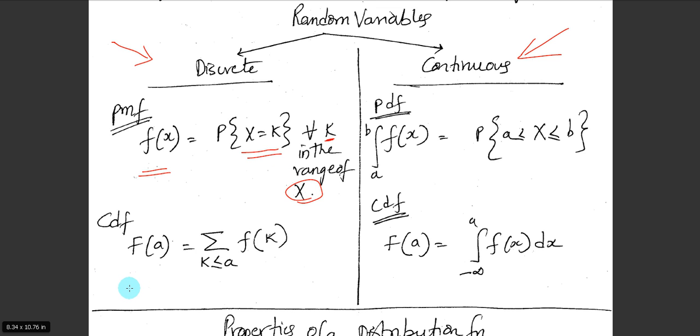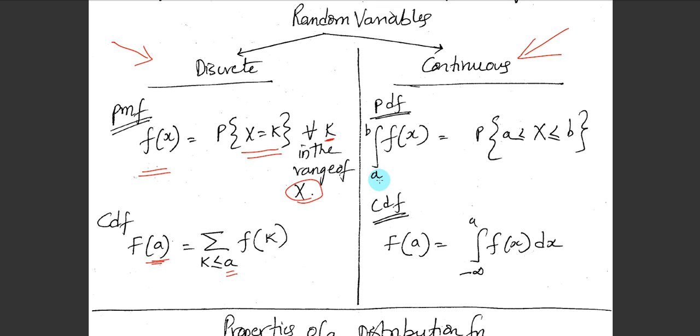The CDF is defined as the capital F of a, where you're trying to find the probability using this mass function up until the point a, which means you want to sum all values of k up until point a.